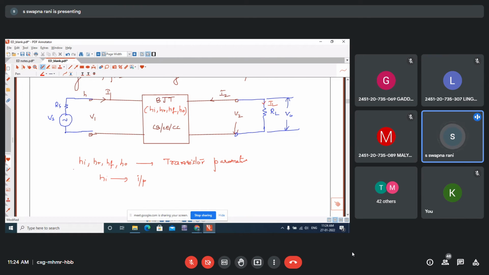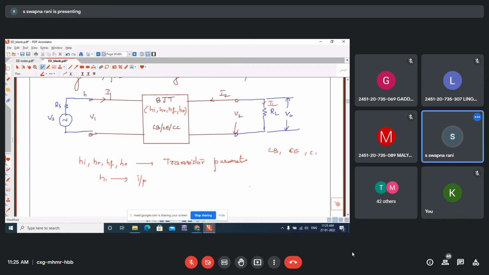I have shown you the tabular column, the typical values of each parameter. Those are fixed for each configuration because they are device parameters. The input impedance offered by a transistor in common base will be fixed, and those values will be provided by the manufacturer when you buy the component. A data sheet will be provided by the manufacturer, which includes all the H parameters of the transistor, for common base, common collector and common emitter.